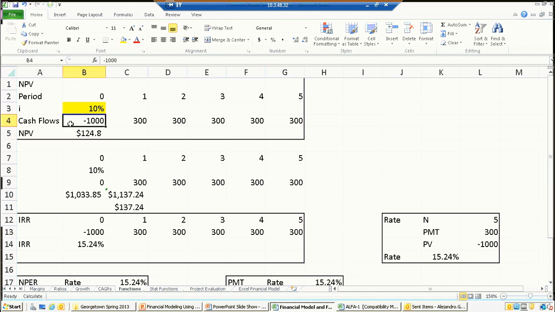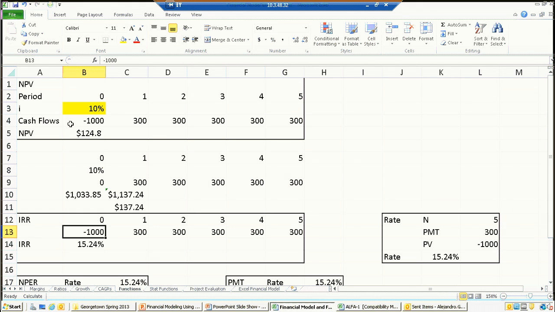In this case, we're assuming you're making the investments at the end of the period, and that is why we're having the difference in the end result. But it's the same math. It's just conceptually when you're starting your project.